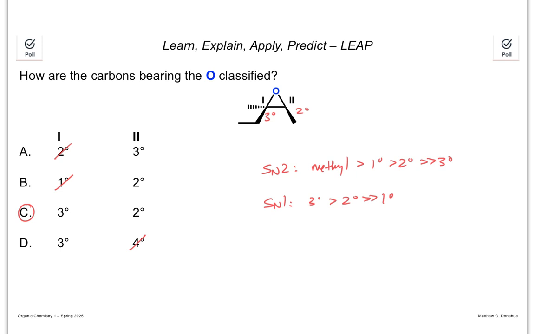Tertiary is the greatest, primary not so much. So by classifying those carbons, then depending on what the reaction conditions are, whether it's going to be SN2 or SN1, we can see where the reaction is going to happen.